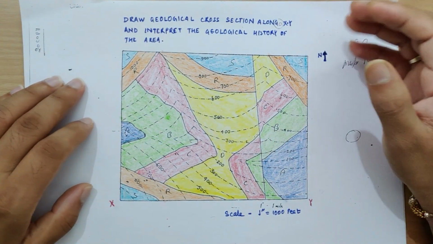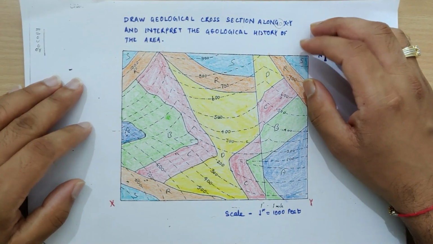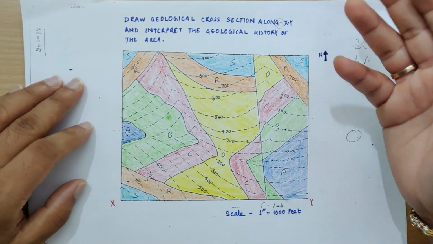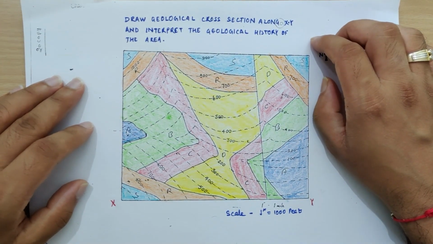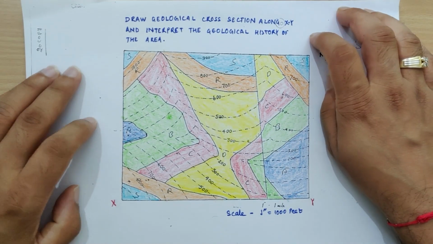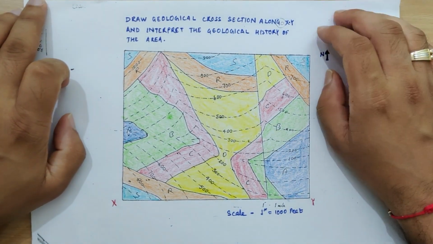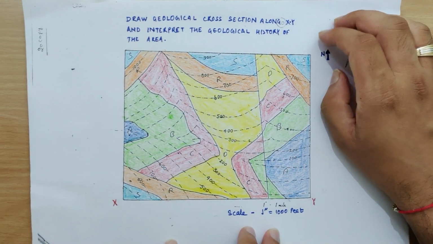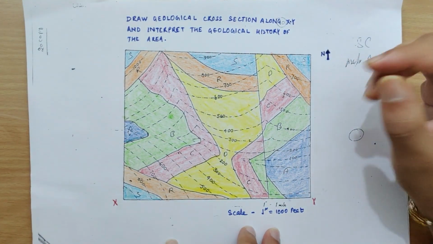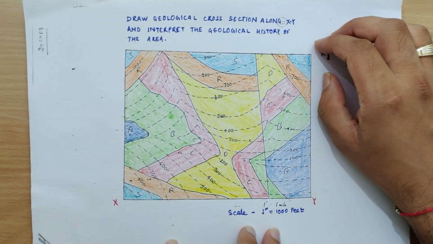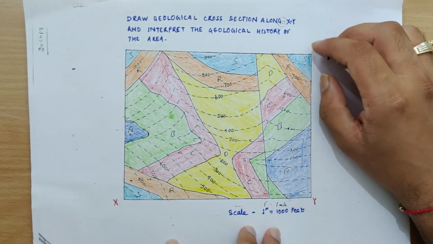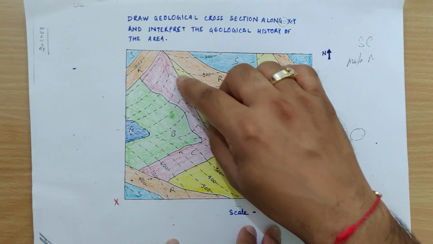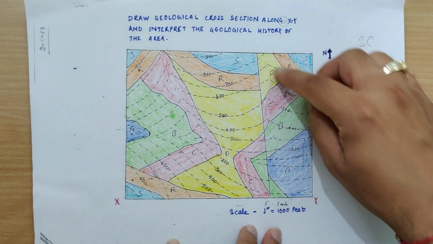So A, B, C, D must have been formed and folded, and after the folding, when they got uplifted, the area must have undergone the process of erosion and non-deposition, or there was an event where the deposition was very feeble or erosion was dominant because the area was uplifted. So at that time this surface of unconformity got developed.